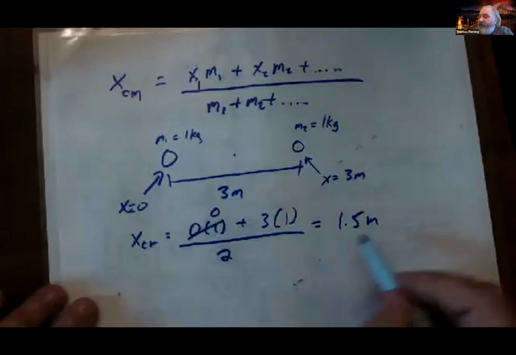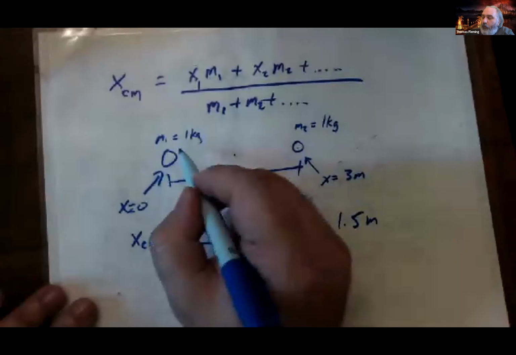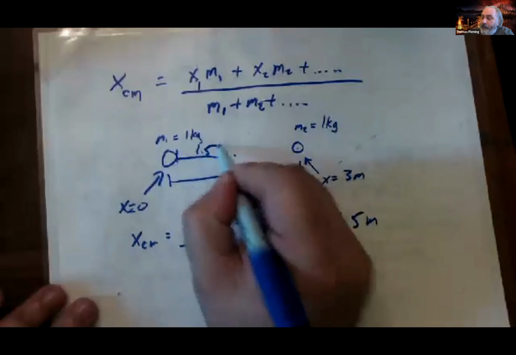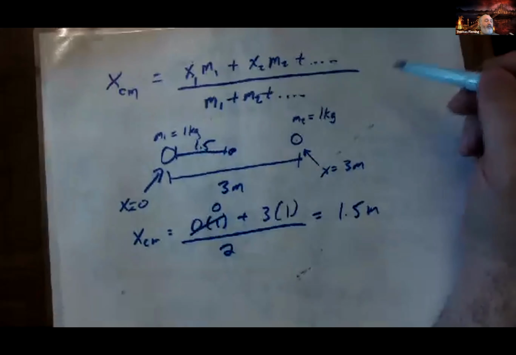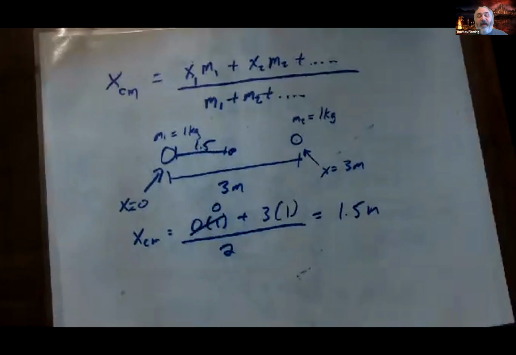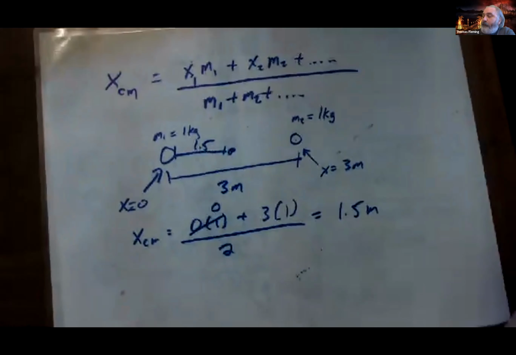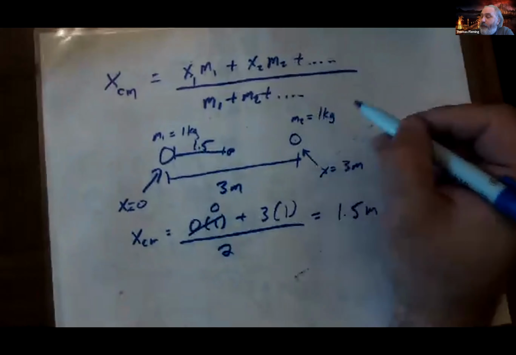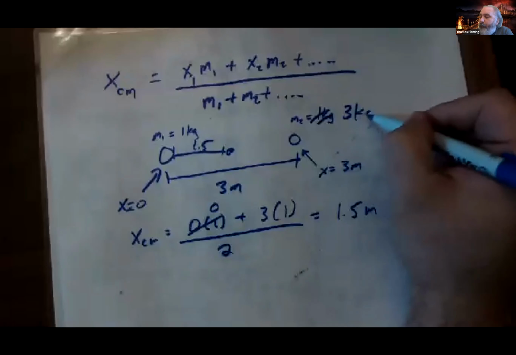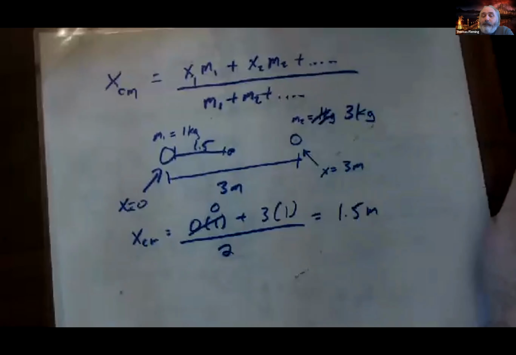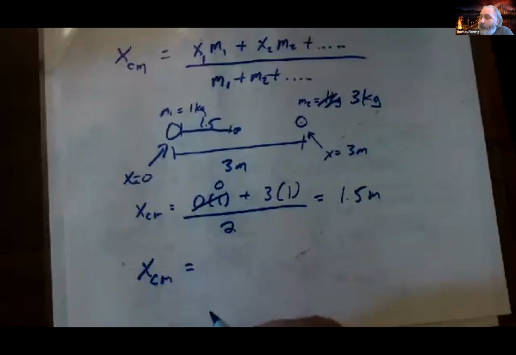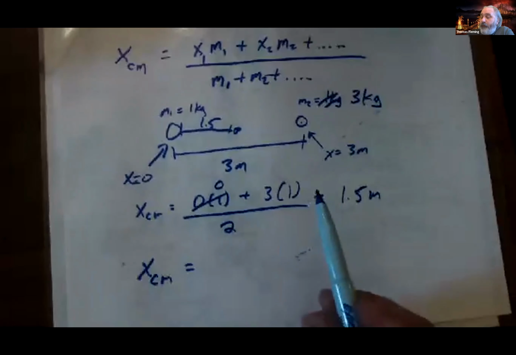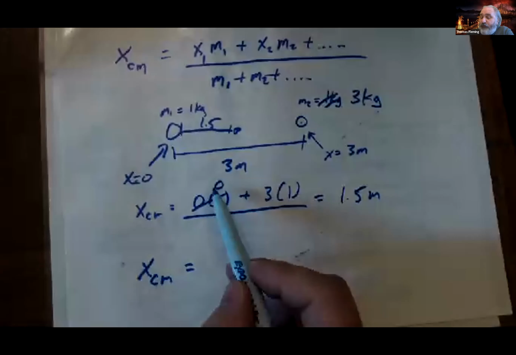And oh, wait, where is x equals 1.5? Well, if this is 0, 1.5 is right there in the center. So this formula gives me the answer that I expect in the obvious case. But what happens if mass 2 is way heavier? How does it change my answer? Well, position 1 hasn't changed, so that first term is still going to be 0.